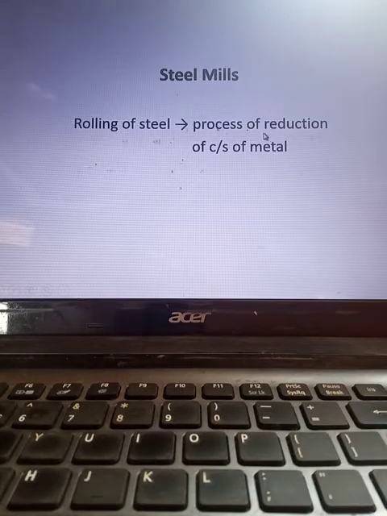It is done by rolling with two big discs, and that is referred to as rolling of steels. So a steel mill basically is a rolling mill.